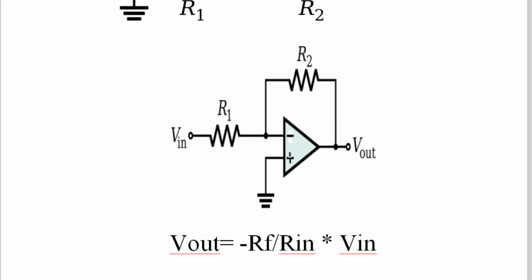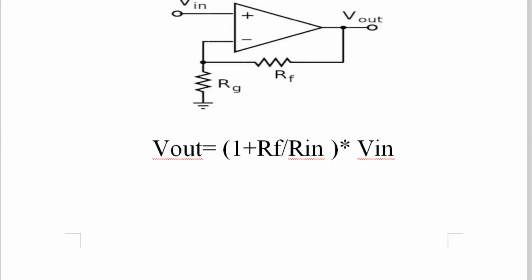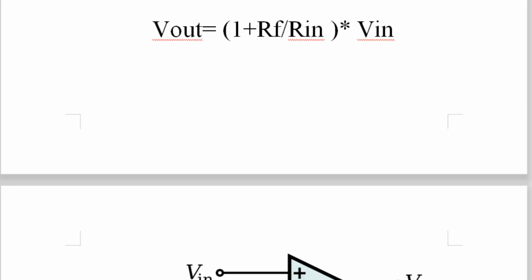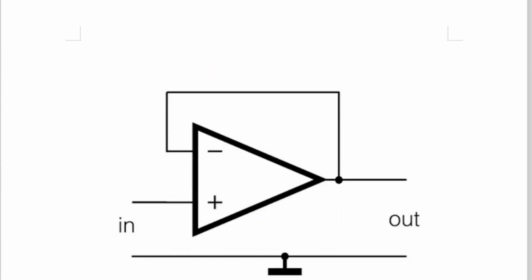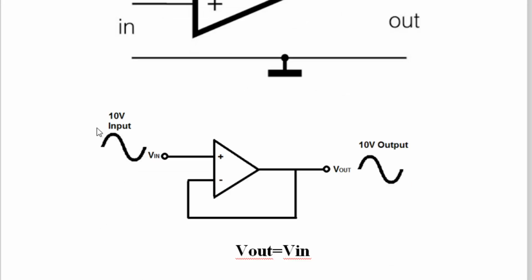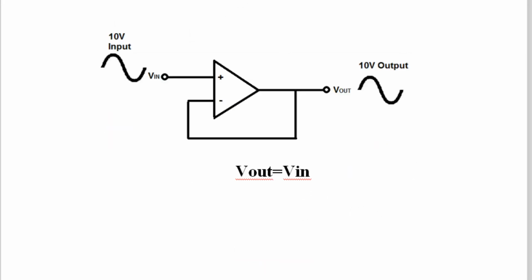Therefore, in this equation, RF is 0, and 0 divided by anything is 0. 1 plus 0 is 1. So Vout is equal to Vin. In this way, you will understand that this application is unity gain, which is also called a buffer. Here, if the input is a 10 volt sine wave, the output is also a 10 volt sine wave. So Vout is equal to Vin.